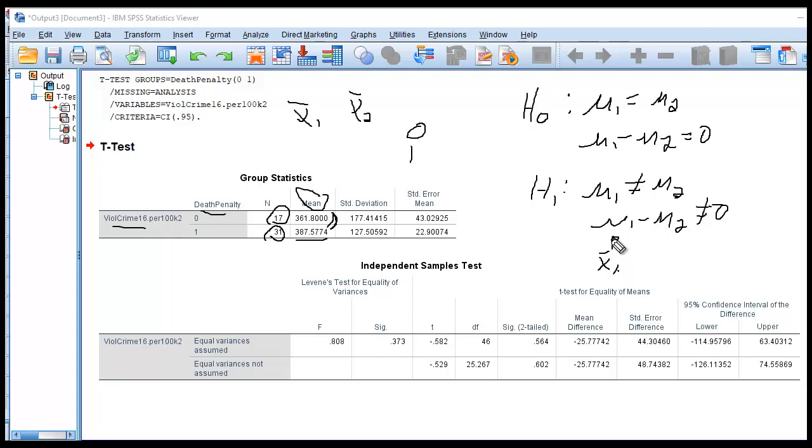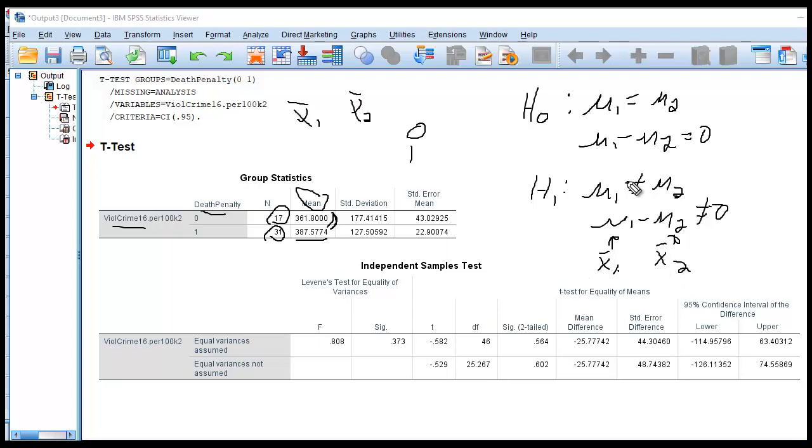So the sample mean for group 1 and sample mean for group 2 are being utilized as estimators of the population mean. And so what we're doing is we're trying to determine if the difference in the sample means is great enough that we can infer that any difference that's actually being observed between them in our sample is just really a reflection of sampling error as opposed to some real population mean difference.